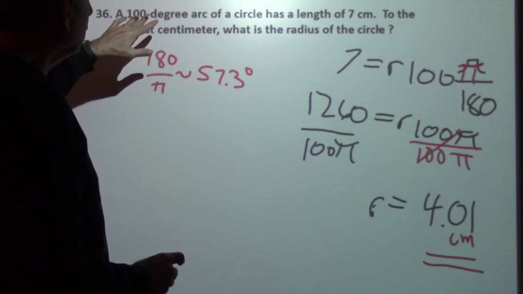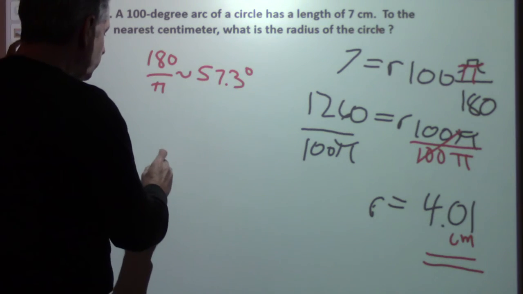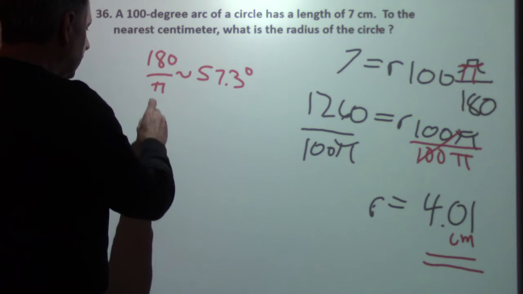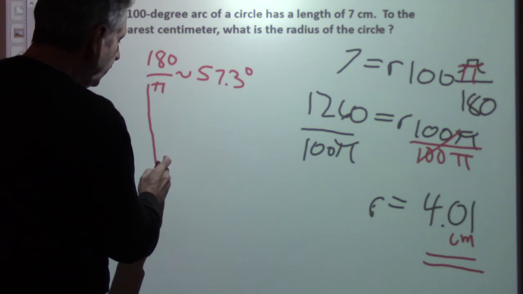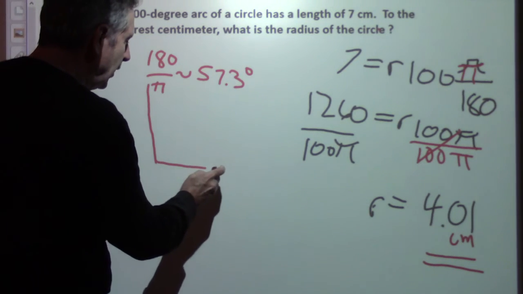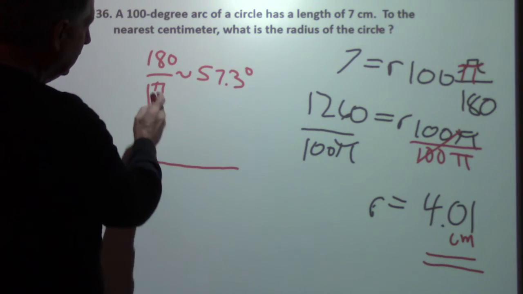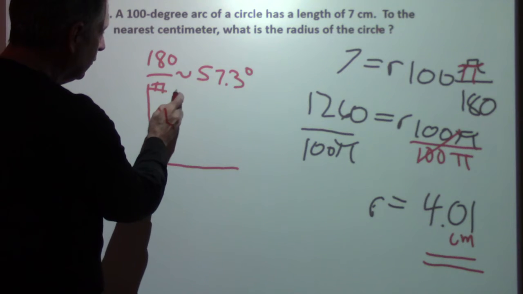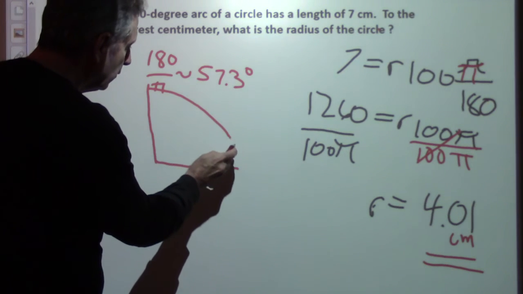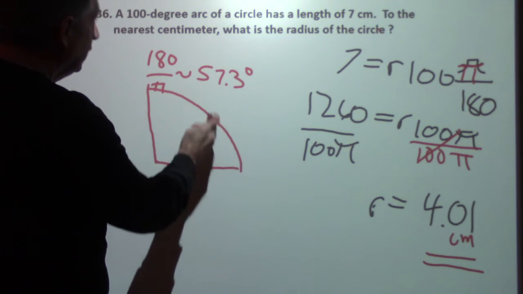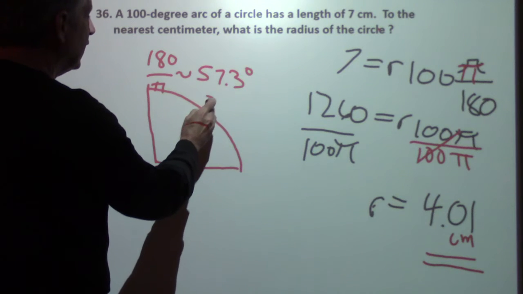What that's telling you is that we have this angle right here, which is a little greater than 90, maybe about like that. Does that look a little greater than 90? Yes. And so we have this arc length right here, and we know this is 7 centimeters.